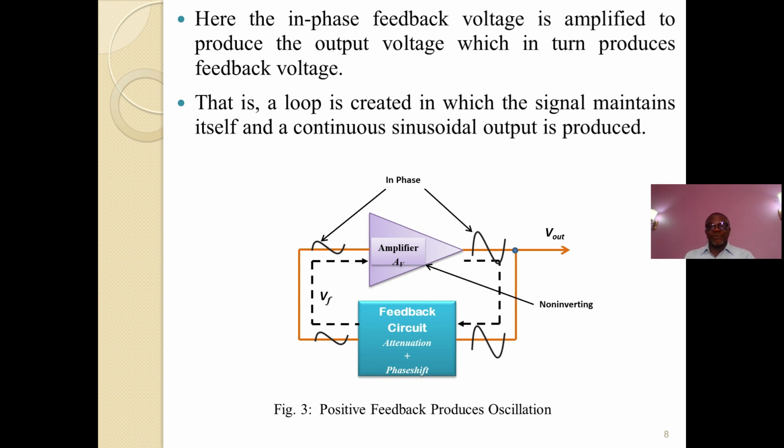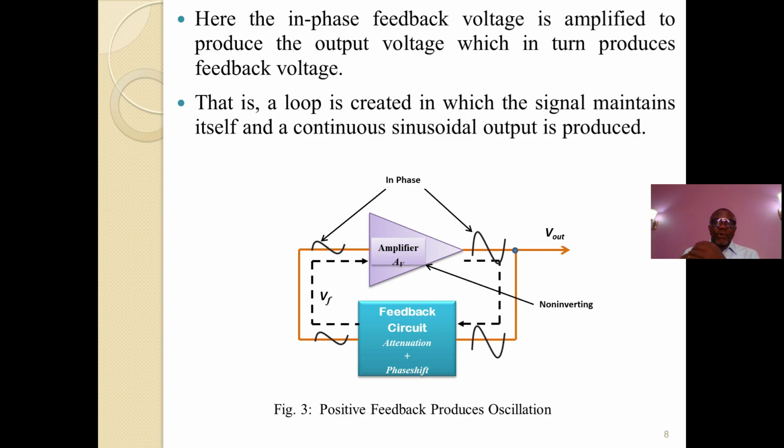Now, look at this Fig 3. We see the amplifier that has a gain AV. We have the feedback circuit, which introduces attenuation and phase shift. Now, if you look at the signal coming in, you see the two arrows showing the in-phase signals.